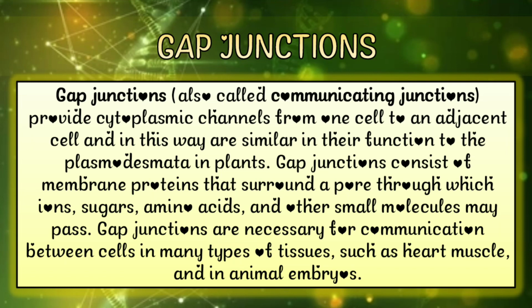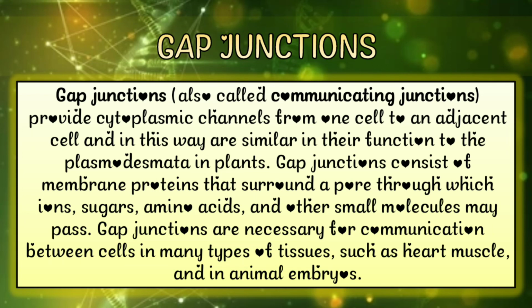Gap junctions. Gap junctions, also called communicating junctions, provide cytoplasmic channels from one cell to an adjacent cell, and in this way are similar in their function to the plasmodesmata in plants.